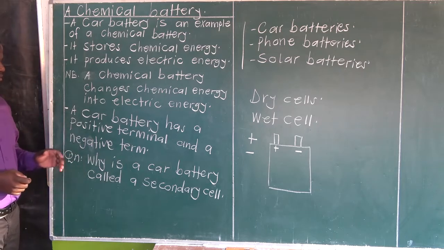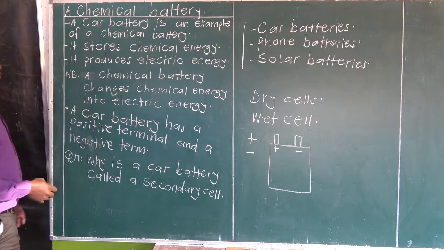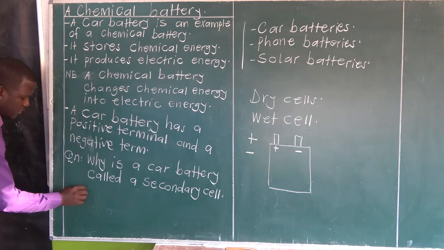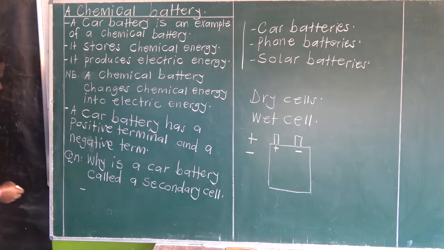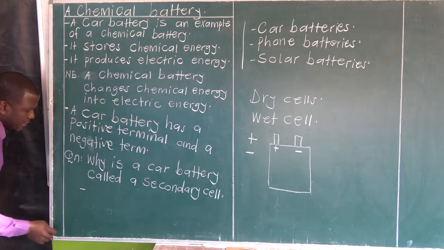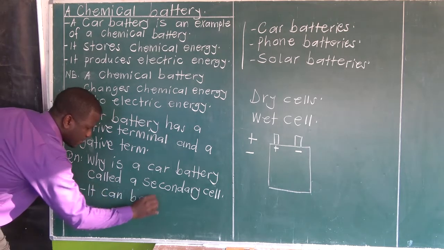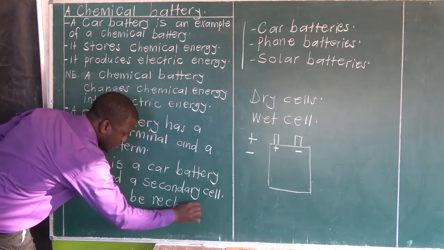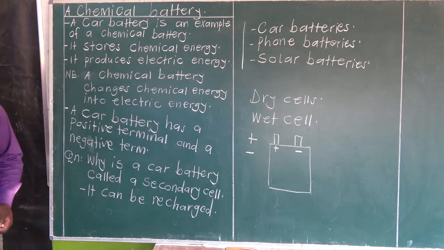Remember, we say secondary cells are cells that can be recharged. So the reason why a car battery is called a secondary cell is that it can be recharged. Once it loses power, you can charge it. That's why it is called a secondary cell.